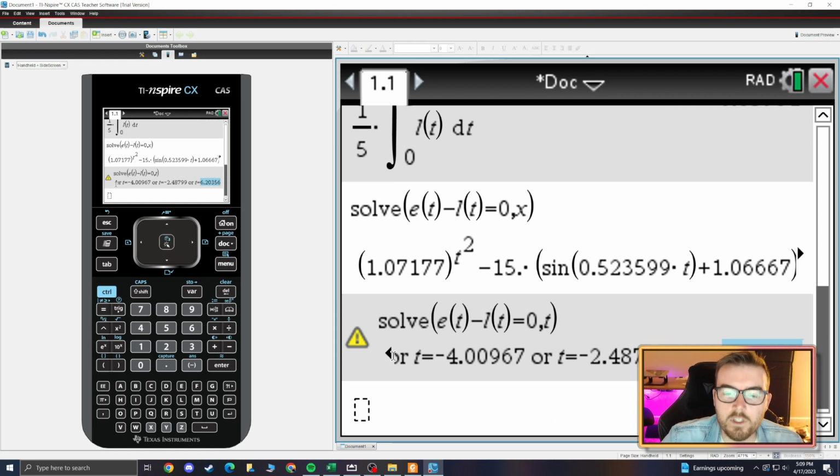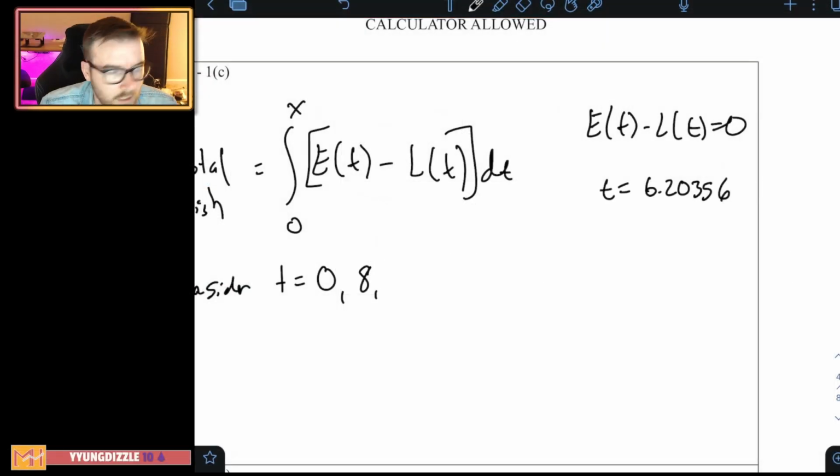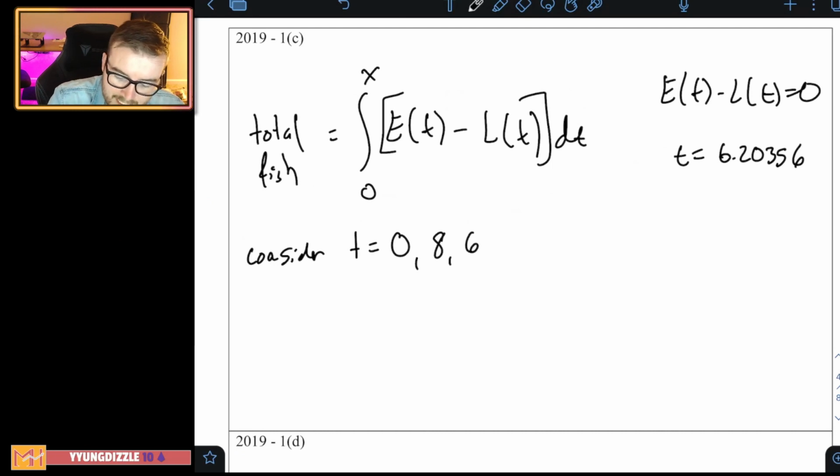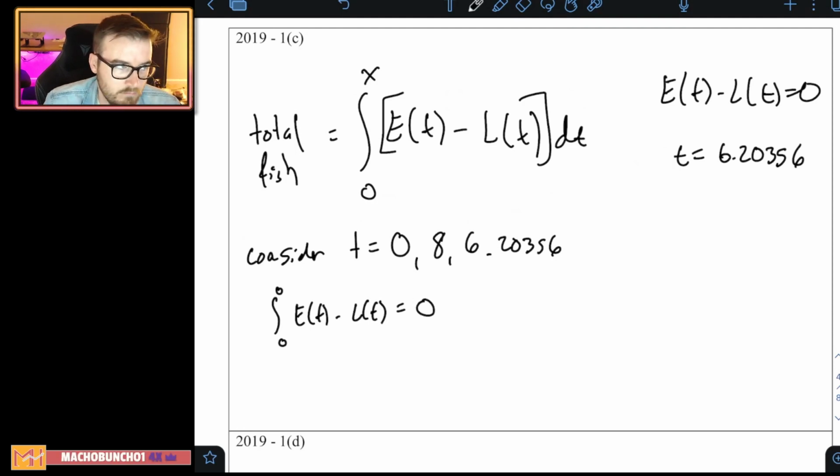Anyway, so there's the answer. Why did I ignore all these other ones? Because they aren't within the bounds. It's from 0 to positive 8. So the critical point would be 6.20356. Okay, so I wrote that down. So we want to consider these 3 points. So the integral from 0 to 0 of E of t minus L of t is 0.